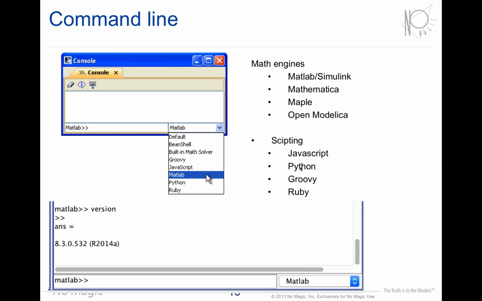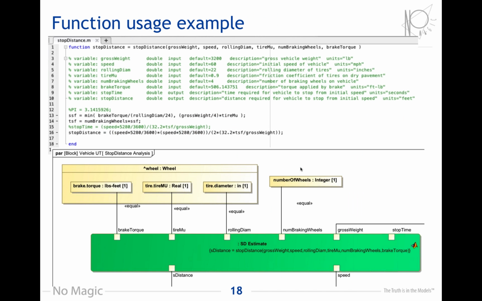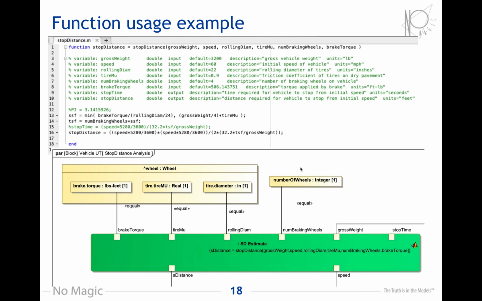Then we have a command line, so we can communicate with those tools. The M files, MATLAB files, can be dropped into diagrams to create constraint blocks automatically. You can also use custom MATLAB functions and invoke them from parametric diagrams.